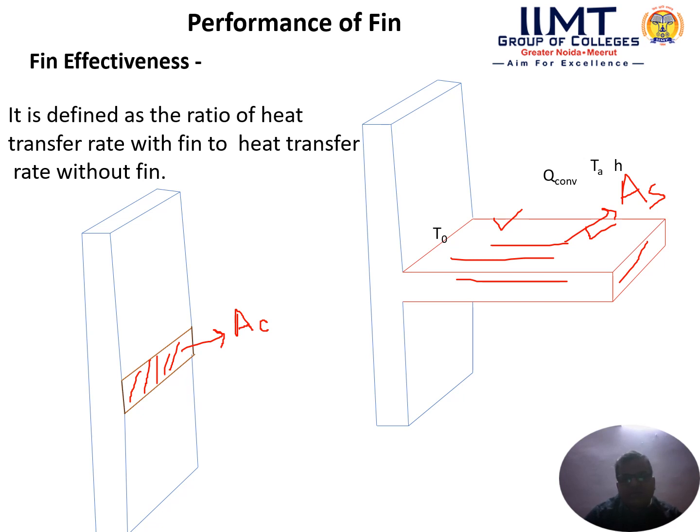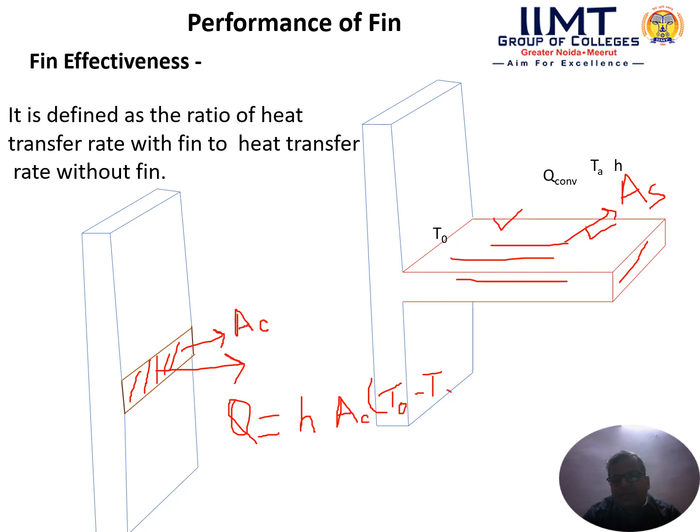This is said to be the with fin, q fin, or without fin. If we talk about without fin, that means q is equal to what? HA into delta T. Here A is exposed area, so HAC, clear, multiplied by T naught, because this is the base temperature, minus surrounding temperature TA.